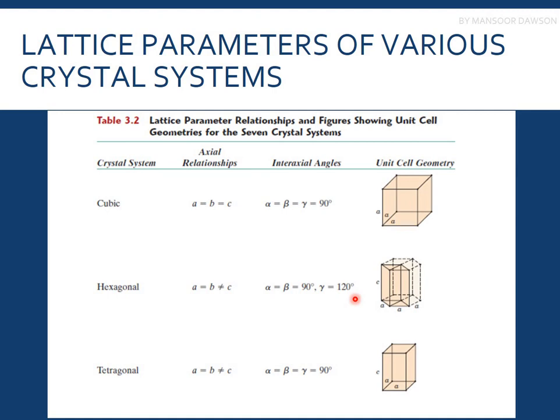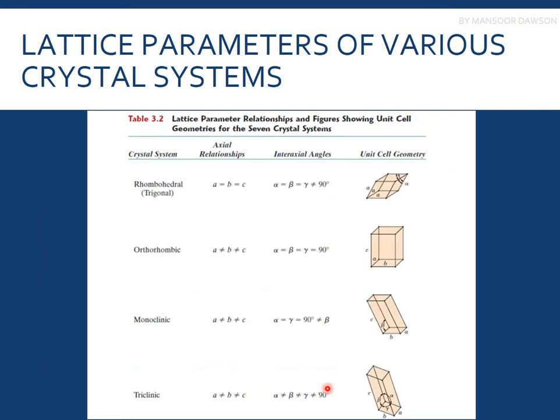Moving on to tetragonal, it is similar to cubic, but one of the sides is not equal to the other two, that is the height is not equal to the length and the breadth, but the angles alpha, beta, and gamma are equal to 90 degrees.